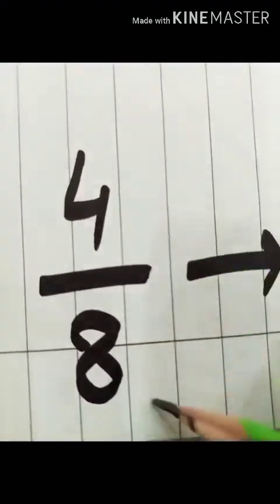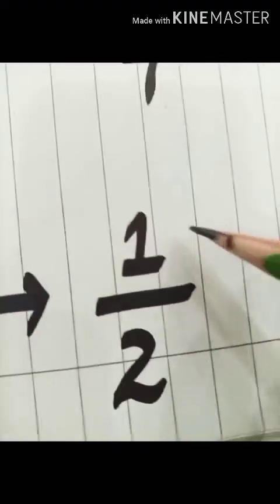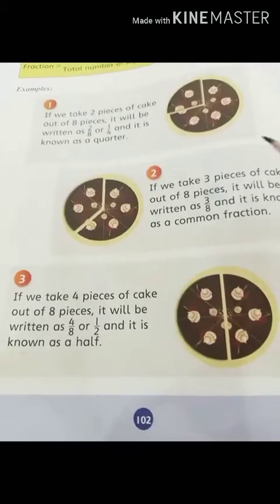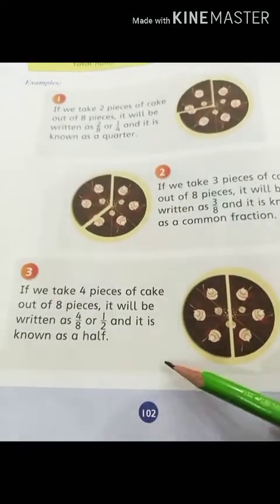And have you noticed that we also used the fraction 4 by 8 for 1 by 2, or the half? Out of the 8 pieces of the cake, we have used the 4 by 8 fraction in the place of this half fraction. Hopefully this fraction page will be clear to you.